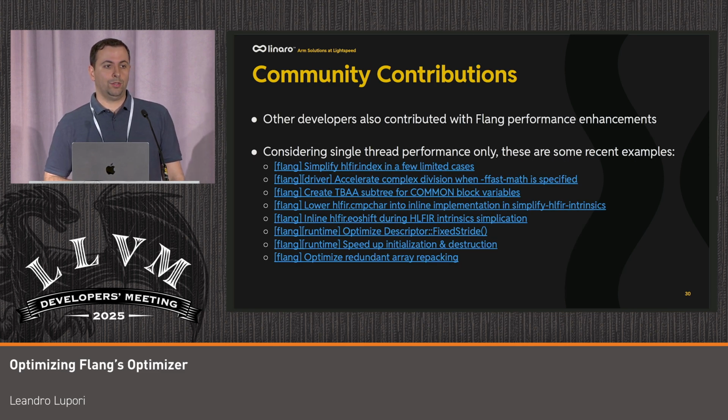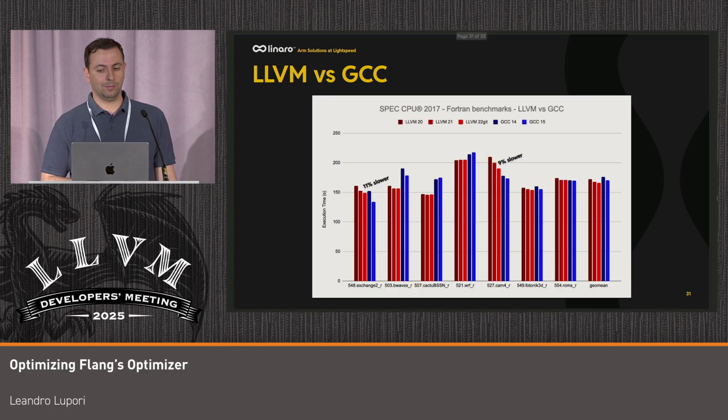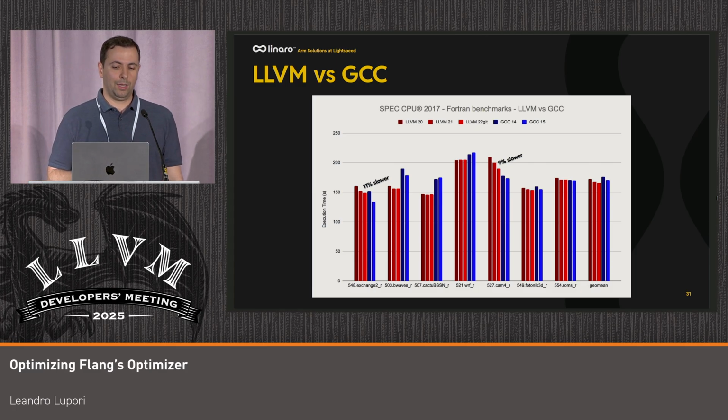I would also like to mention that there were many other contributions to Flang performance enhancement from other developers. This slide lists a few of them, some recent ones. And in this chart, we have the current status of LLVM and GCC.